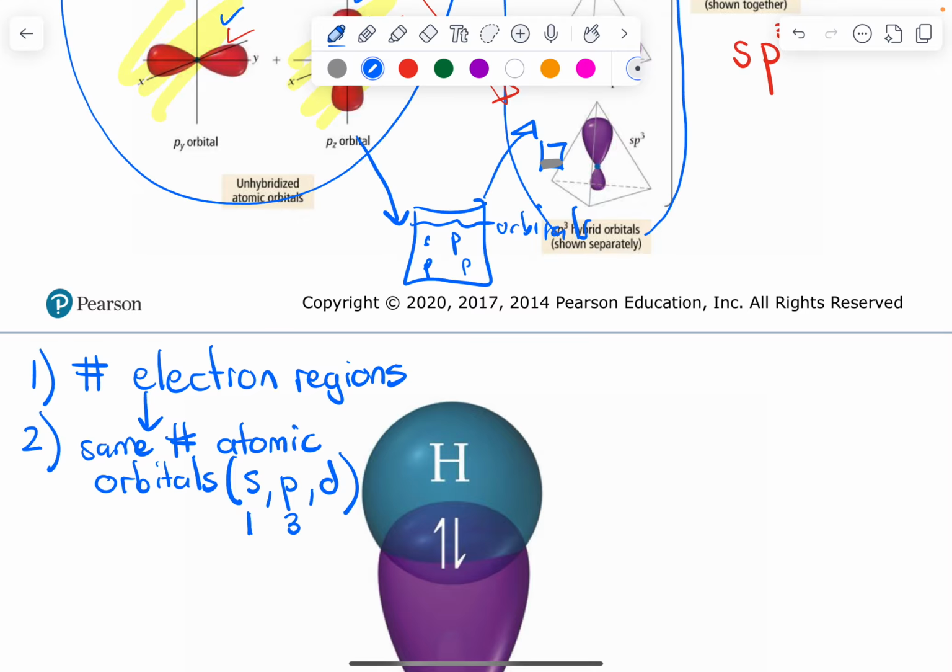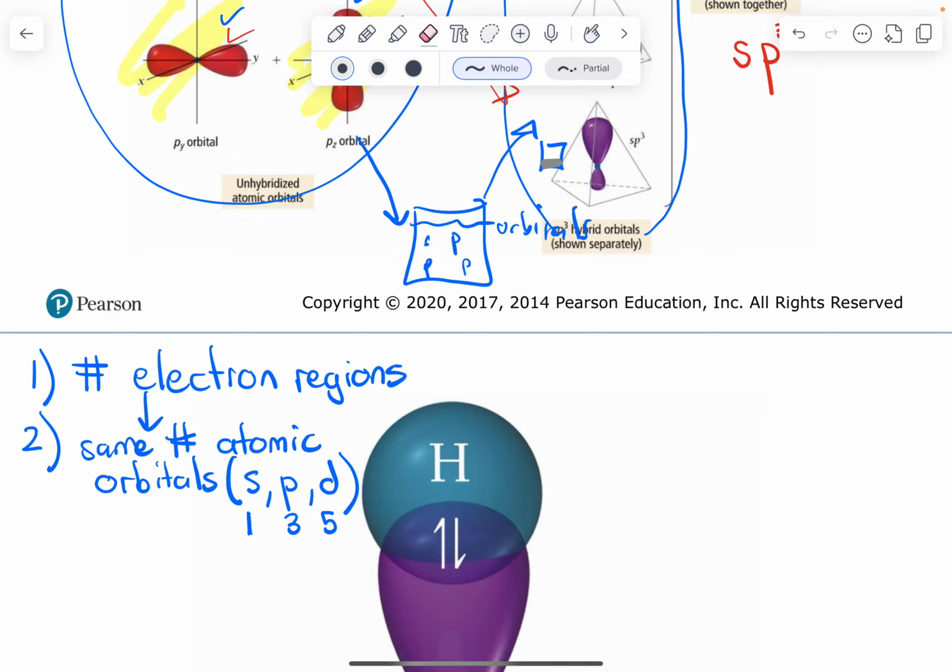So if this stuff is seeming like, what is she talking about? 3 P's? How do I know that? Go back to chapter 9 and review that. And then in the D's, we actually have up to 5 available. So in theory, we could have an sp3d5 orbital. That's not actually going to happen. The highest values we're going to see are sp3d2. But you could, in theory, go up to 5 because you have 5 d orbitals available.